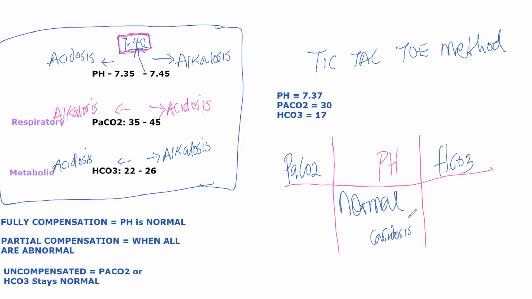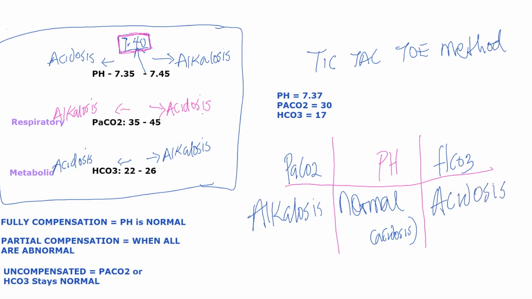All right, our magic middle number is that 7.40. And then we have PaCO2 of 30. Our PaCO2 of 30 will be alkalosis. And our HCO3 of 17 will be acidosis.